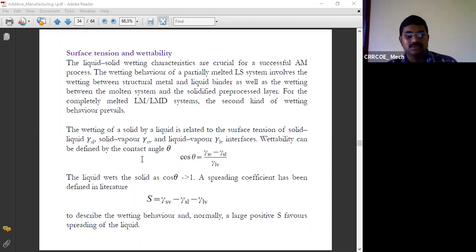These are the different parameters used to represent solid liquid, gamma SL. These are the representing terms.